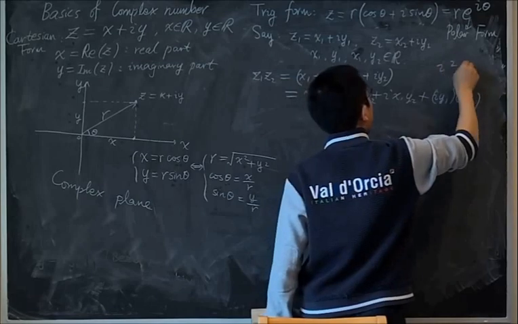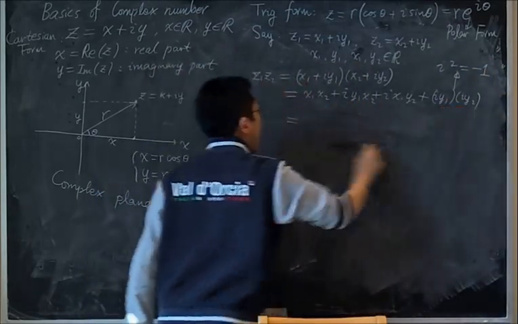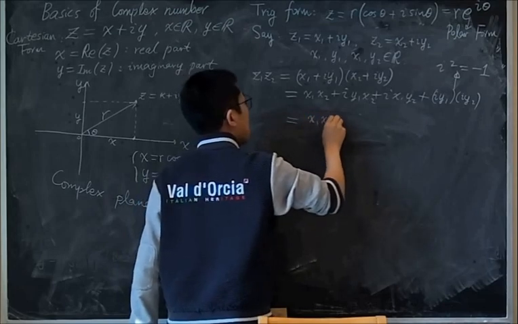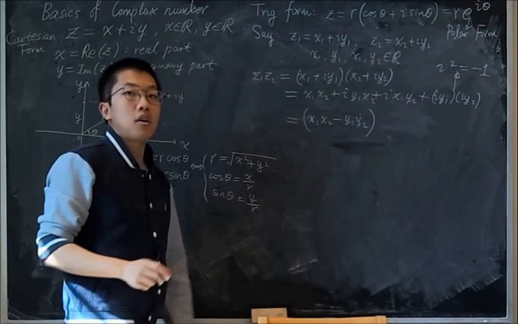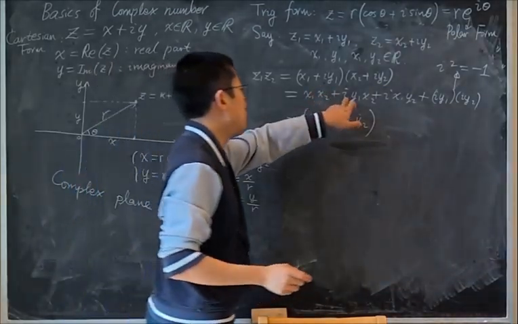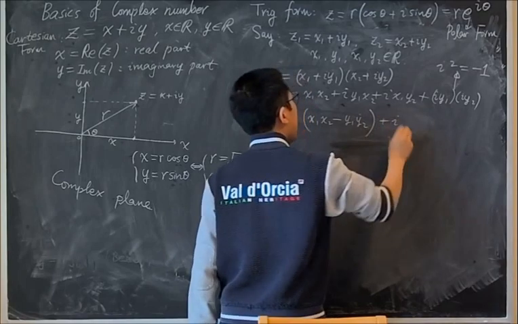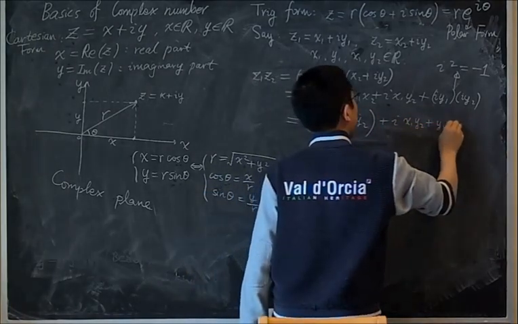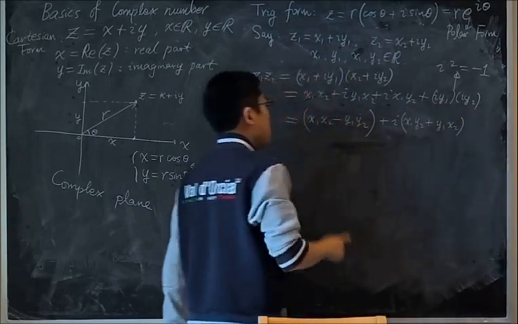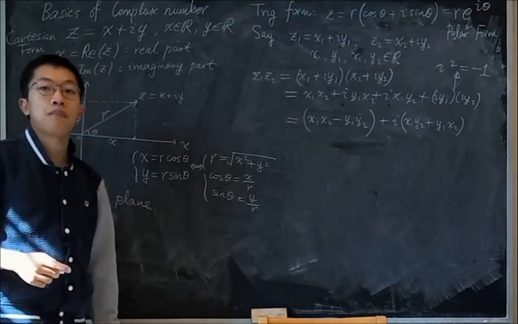So we perform this rule on the last term, and this term and the first term shall be combined. So that's x1 x2 minus y1 y2. So this is the real part. As for the imaginary part, these two terms with the i, we just combine together. That's i times x1 y2 plus y1 x2. Okay, so this is the real part, and this is the imaginary part.